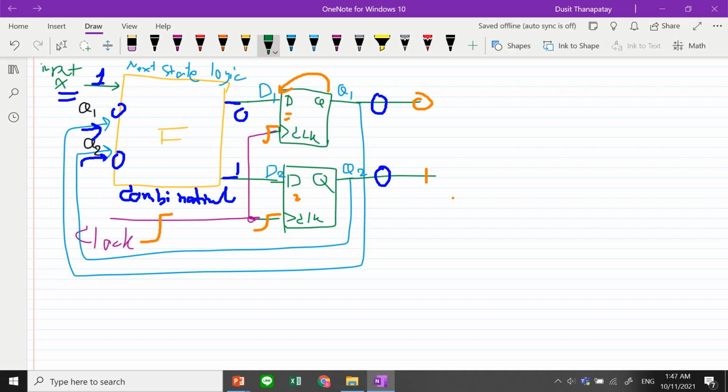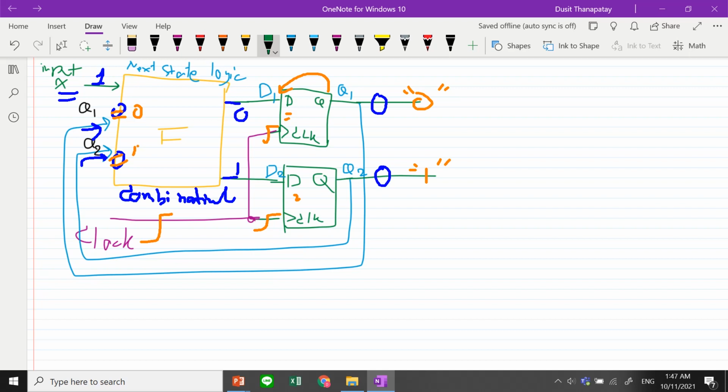Okay, again, now the value of Q1, Q2 is 0, 1, right? So this value will update the input of circuit F. Some part of the input of F is Q1, which is now 0, and Q2 becomes 1.